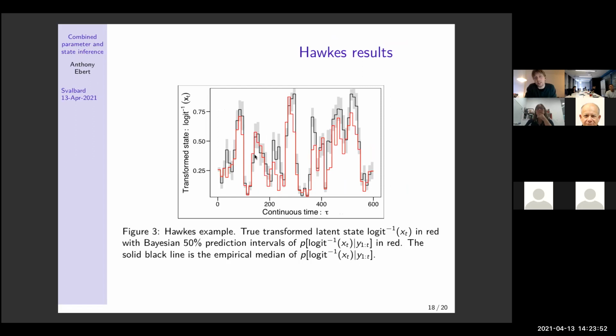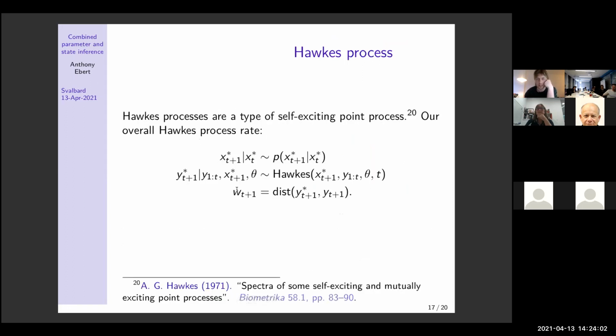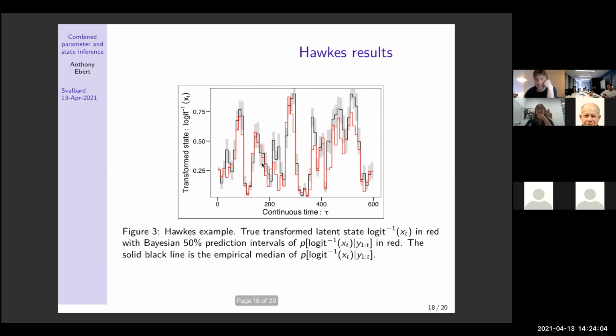So yeah, the Hawkes process is quite tricky because the way we've framed it is that the state is the baseline.